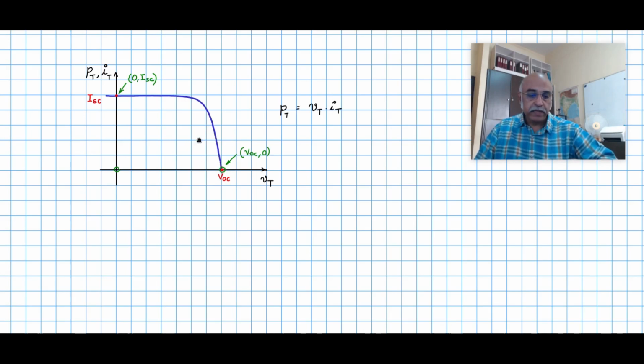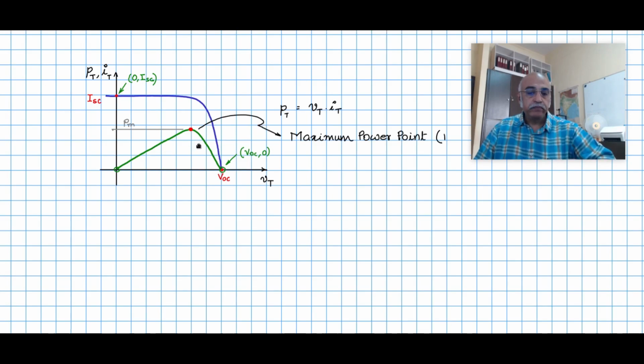So there will be an inverted V or an inverted U kind of shape, something like this, where you have one point where the power is at the maximum. This is called the peak power, PM. And this operating point is called the maximum power point, or MPP.